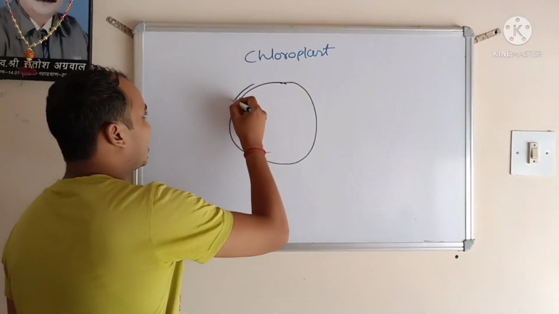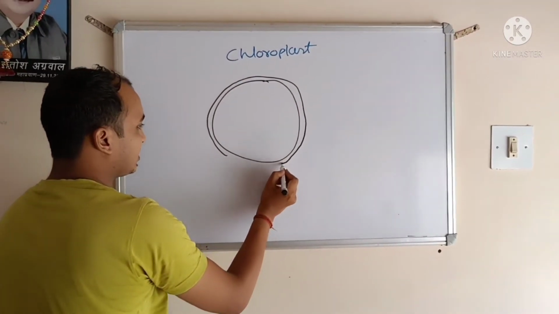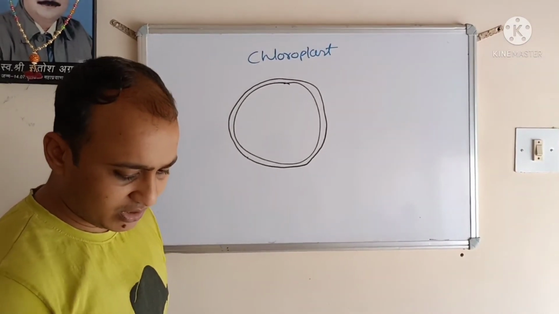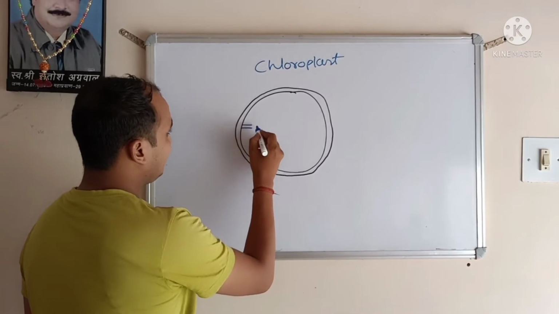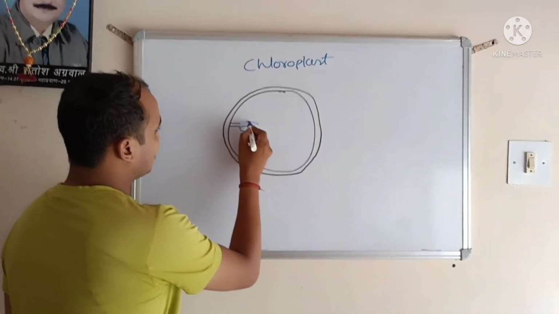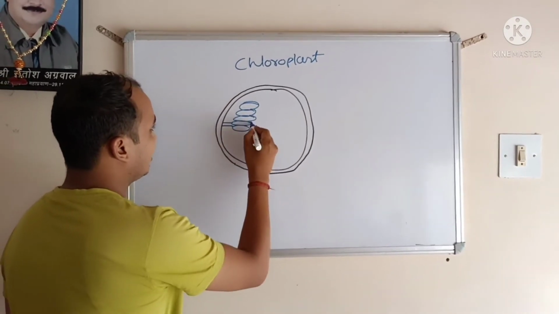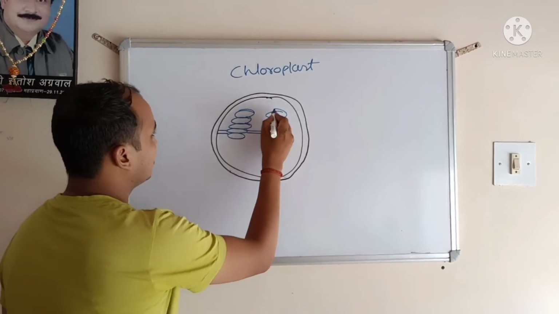It is also a double membrane. We have seen nucleus as a double membrane, endoplasmic reticulum as a double membrane. So it is also a double membrane, and we have some stack-like structures. See, these are some stack-like structures, and we have more stack-like structures.